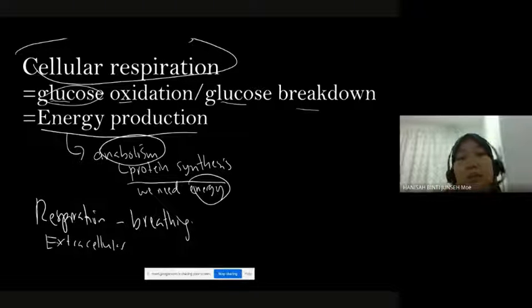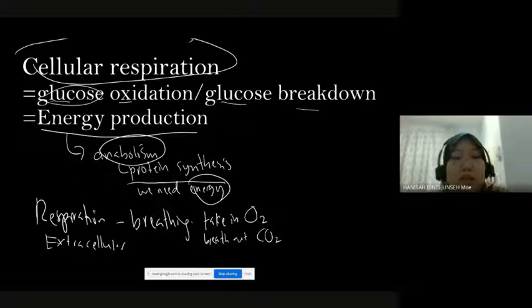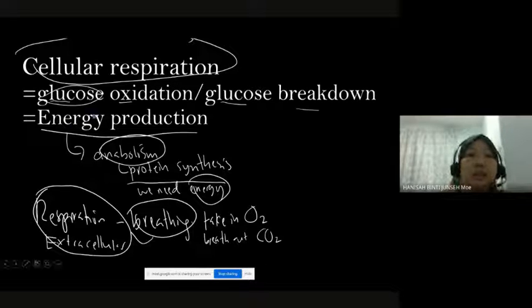Extracellular respiration is a breathing process where we take in oxygen and we breathe out carbon dioxide. But now we are talking about cellular respiration, meaning that it happens in the cell. The respiration itself happens in the cell.